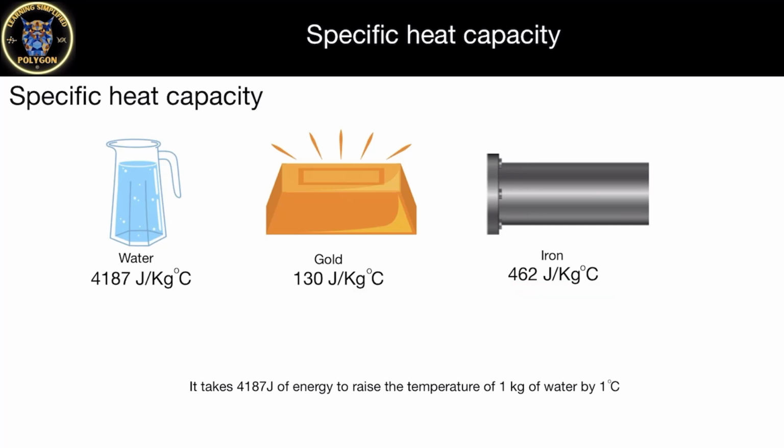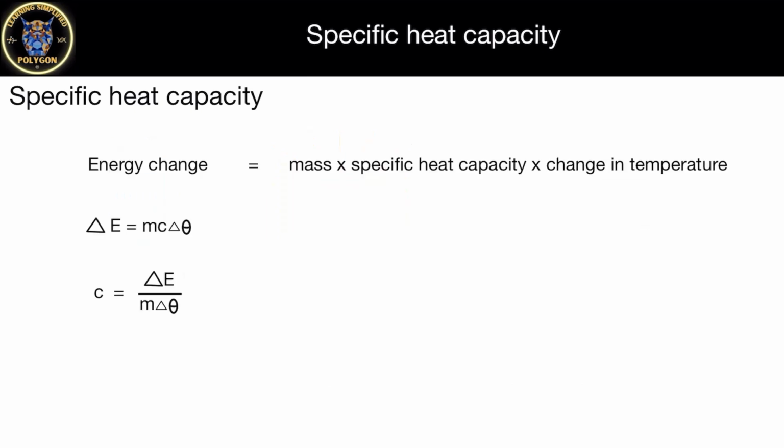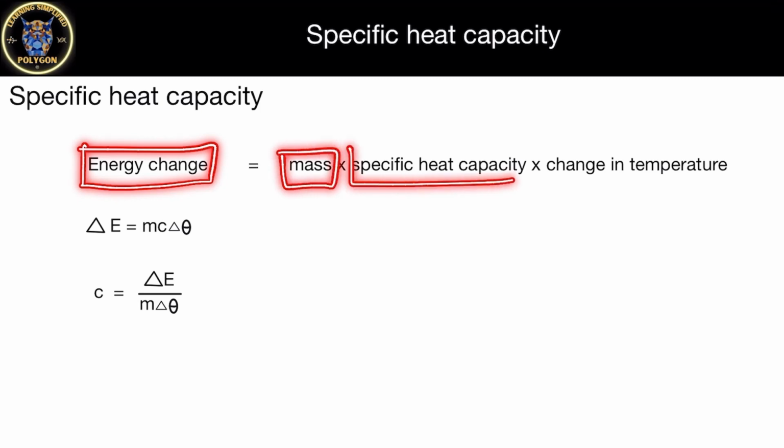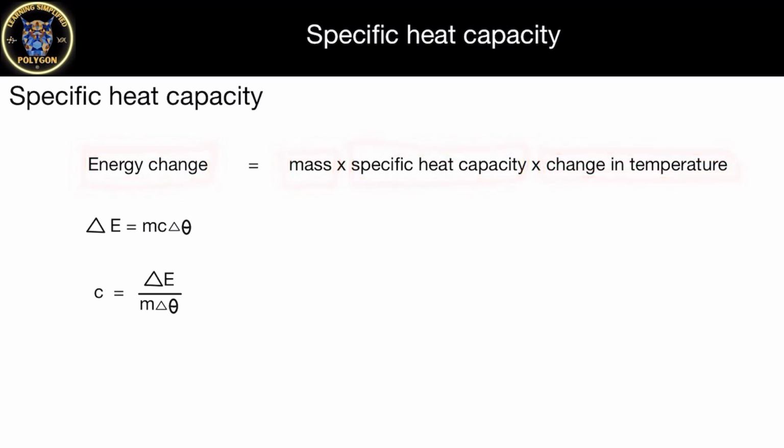So now that we understand what specific heat capacity is, let's try to understand how it is calculated. We discussed earlier that when the kinetic energy of the molecules of a substance increases, its temperature rises. We can calculate that change in energy as the product of the mass of the substance, the specific heat capacity of the substance, and the change in temperature of that substance. So we can write this relationship as delta E equals mc delta theta.